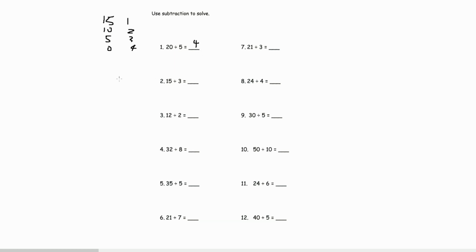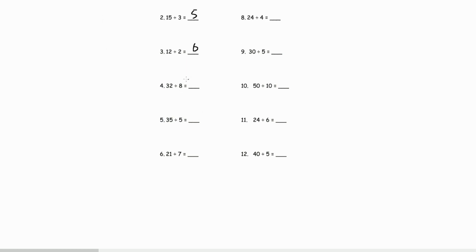On this one, we go from 15 minus 3, and minus 3 minus 3 minus 3. We have to do that for 5 times until we get to 0. Next, 12 minus 2 minus 2 minus 2, and we have to do that 6 times. 32, 8, and we could solve it out. 32 minus 8, that would be 24.